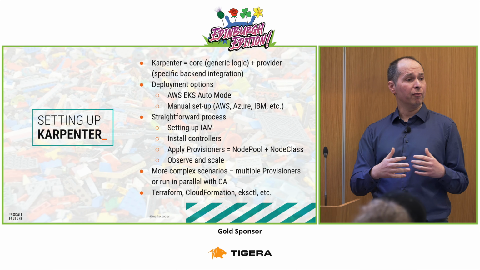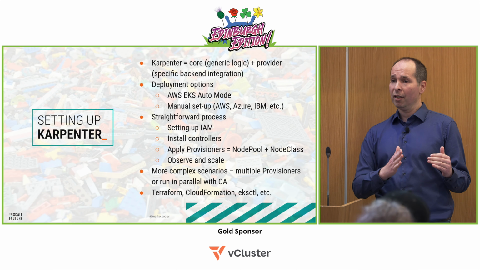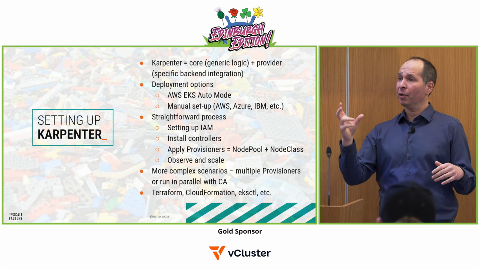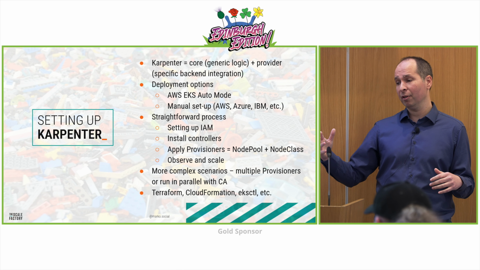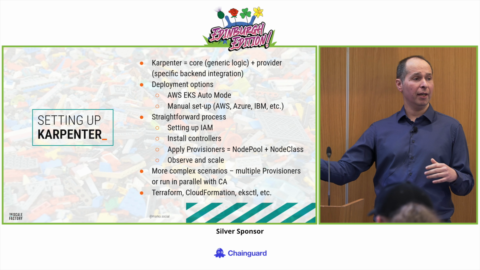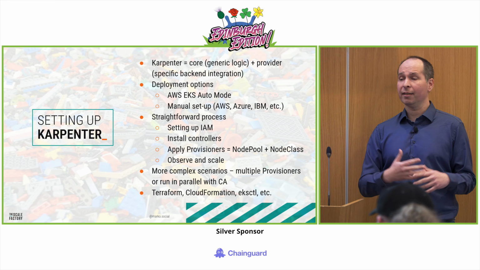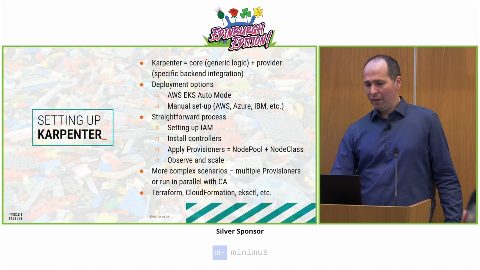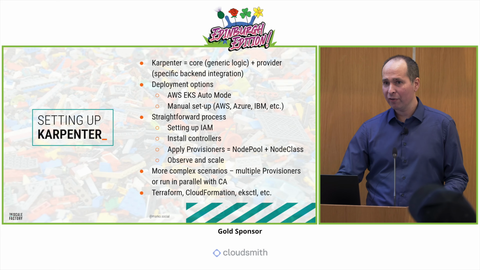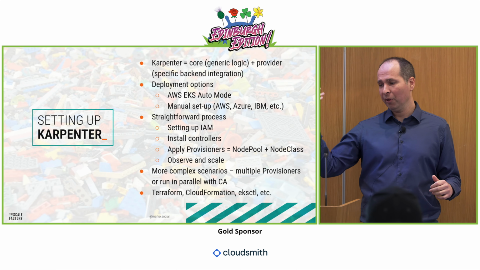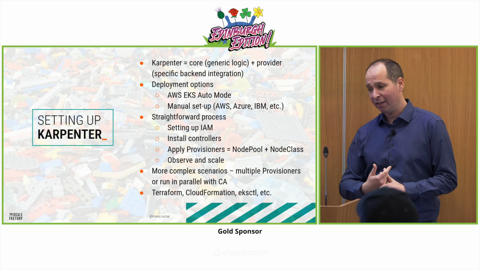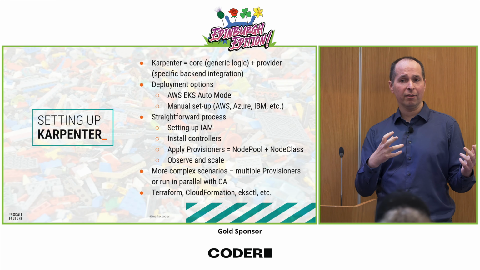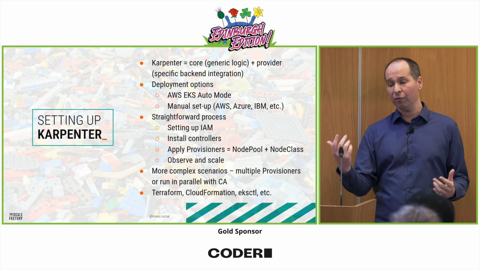So for example, if you're currently running Cluster Autoscaler, you can actually dedicate a specific part of compute that will use Karpenter, and the rest of it will just run on CA. Let's say you want to test it out and see how it works before you move everything across. And obviously, you can use all your favorite tools for provisioning, such as Terraform, CloudFormation, eksctl, all of that mostly has an implementation or configuration ready for you to use.